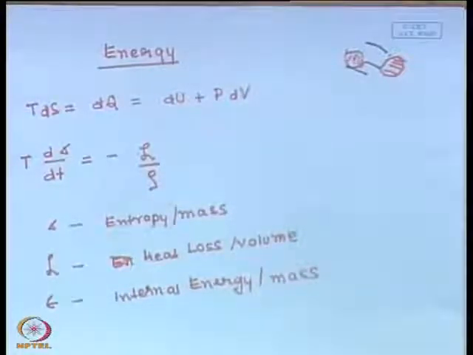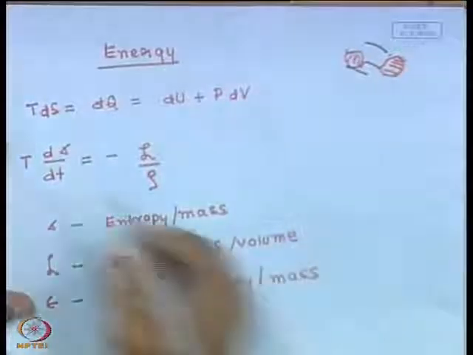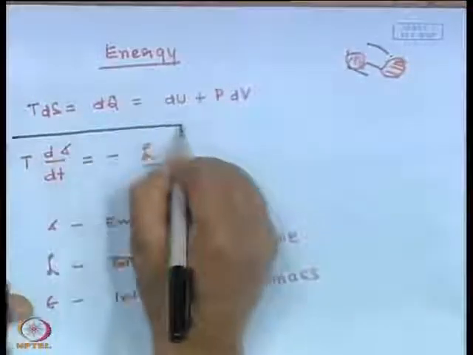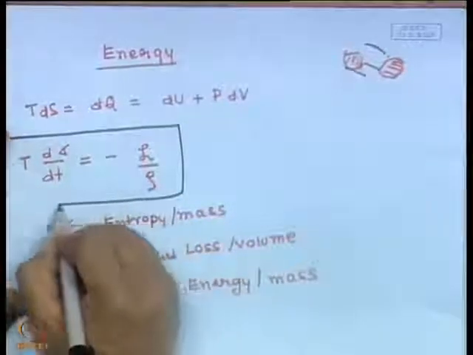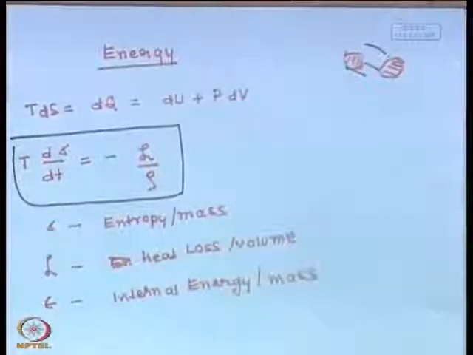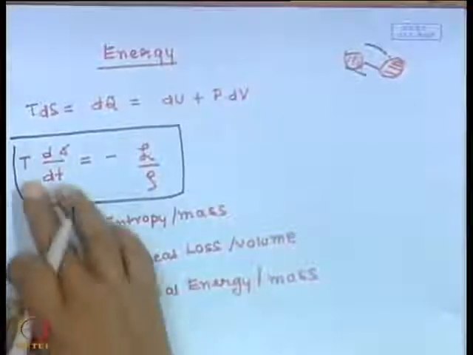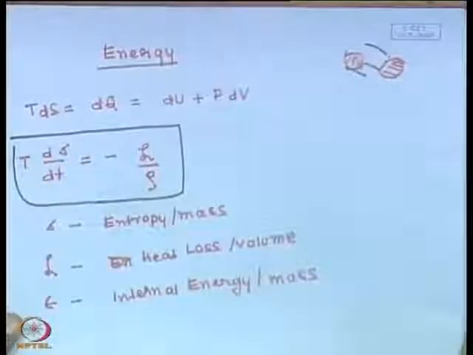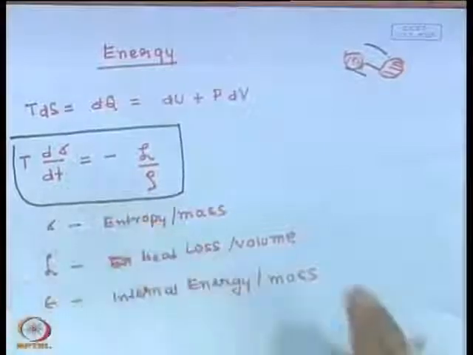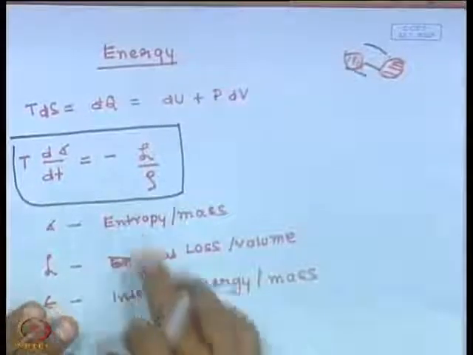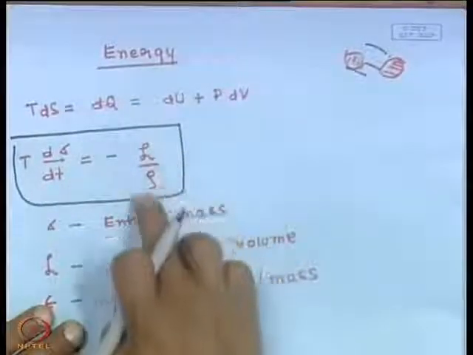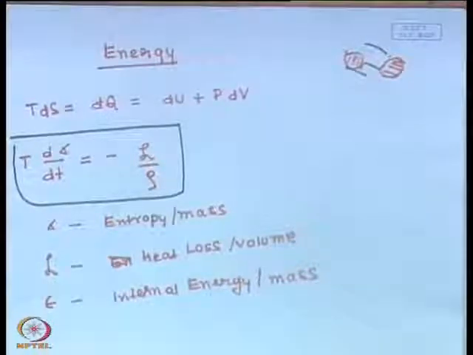So the energy conservation can be written like this, and if it's an adiabatic situation, then the right hand side will be 0, there will be no heat loss or gain, and we have the fact that the entropy per unit mass is going to be conserved. In case it is exchanging heat, it's not adiabatic, then there will be a heat loss or heat gain which is given by this.